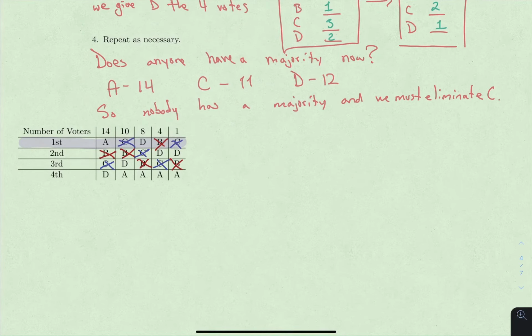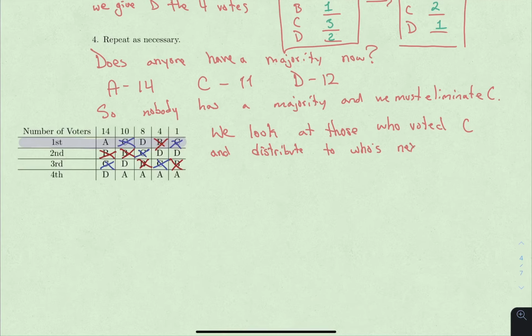So those who voted for C, we look at those and distribute to who's next on their ballot.